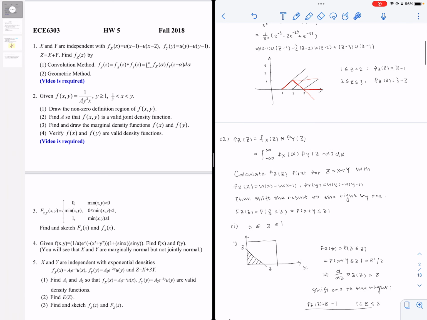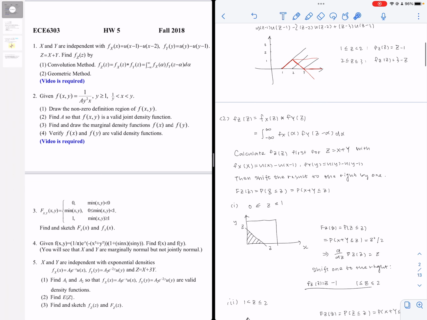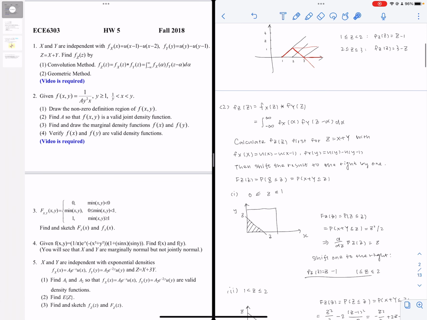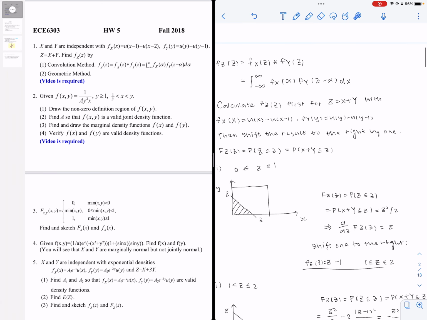And secondly, we're asked to use the geometric method to solve this problem. And this method is much more straightforward. So basically, we just multiply the two density functions. It's not that hard.